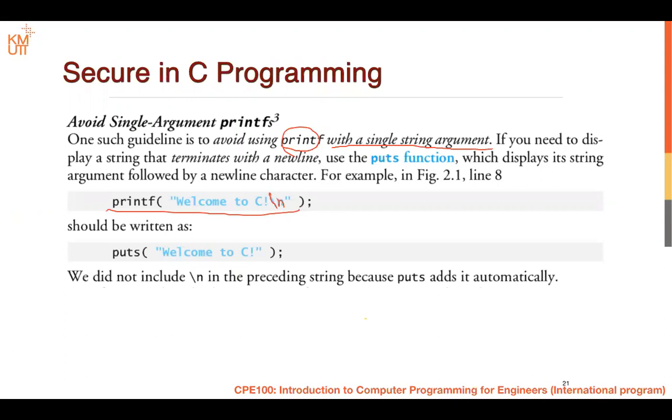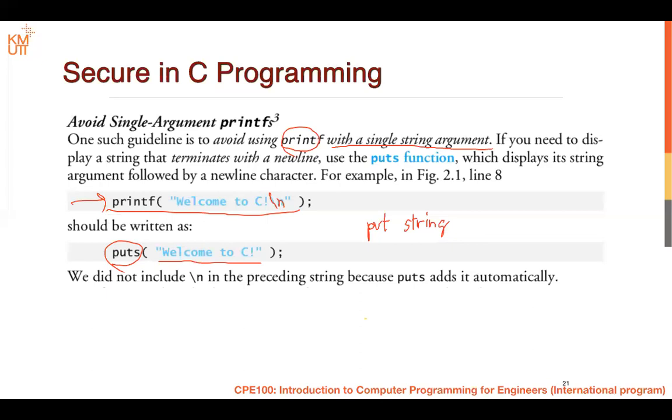Sometimes someone will suggest that you can just simply use puts. Puts means put string, right? If you want to show welcome to C, and then you will terminate with a new line, you can just simply use the puts function instead of using printf like this.